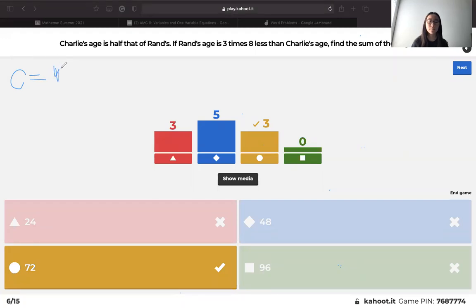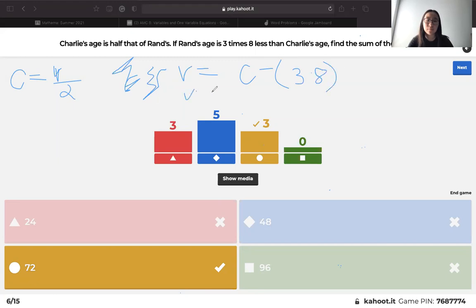That's an R. And then Rand's age is 3 times 8 less than Charlie's age. Okay, that sounds really weird, but I'm guessing it means Rand's age is C minus 3 times 8.